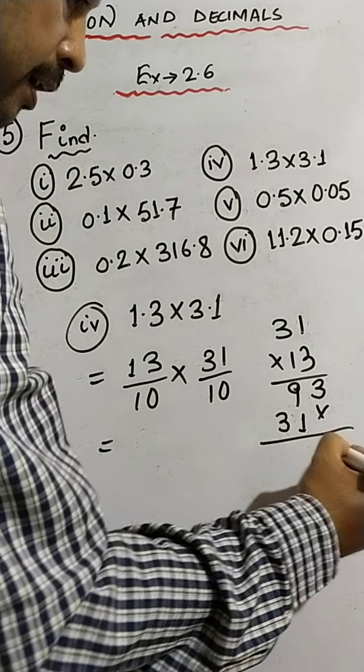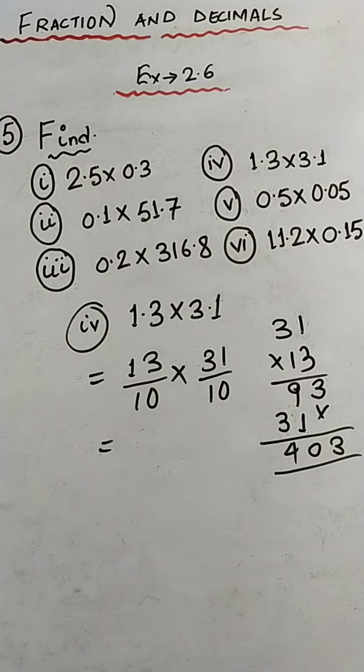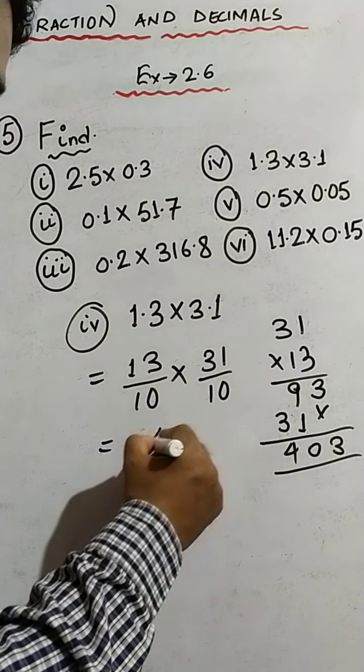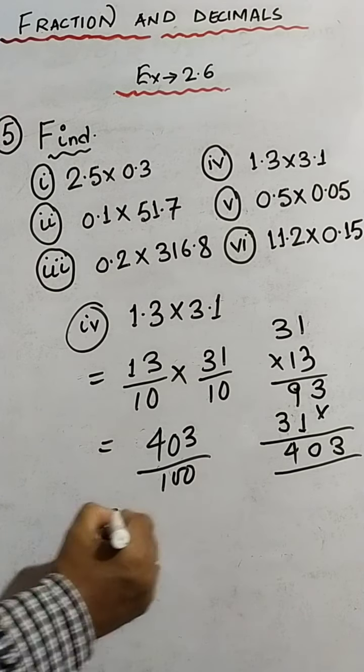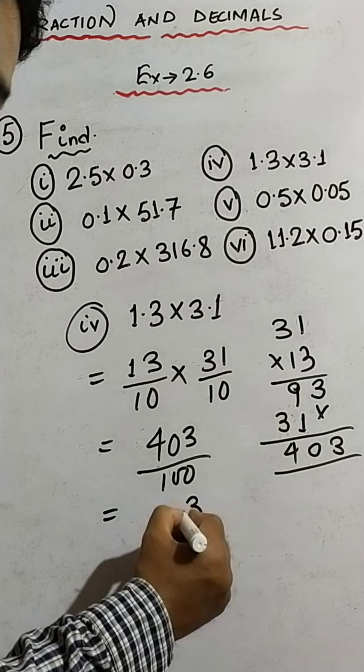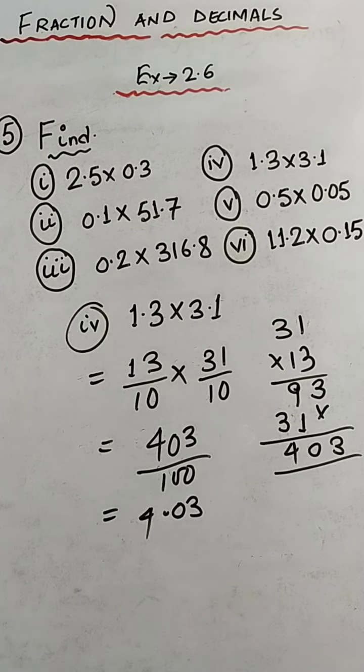So 403 is your required product. So we'll write 403 by 100. So what will the answer be? 4.03 is the answer of sum number 4.